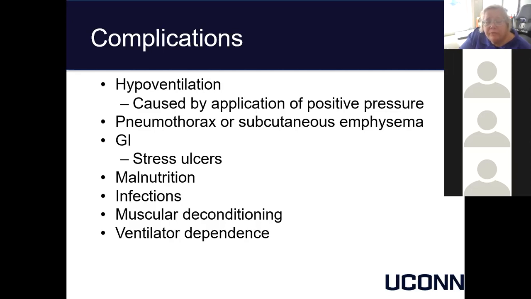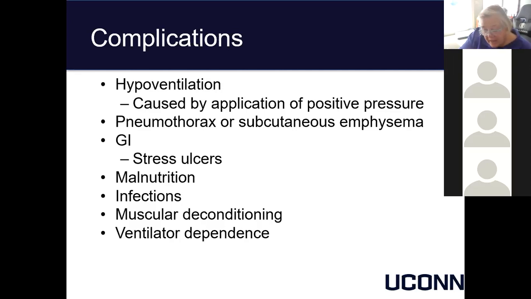So when you first put a patient on a ventilator, you need to be aware of what their blood gases are. They were probably extremely abnormal when they went on the ventilator, and we need to make sure we are in fact in the process of correcting their blood gases. We worry, especially if pressures are very high, about pneumothorax or subcutaneous emphysema, which are risks of mechanical ventilation.